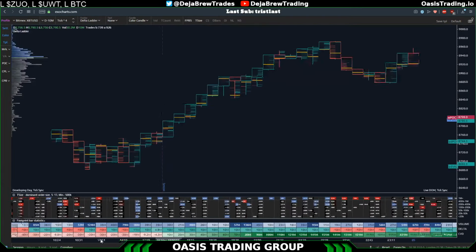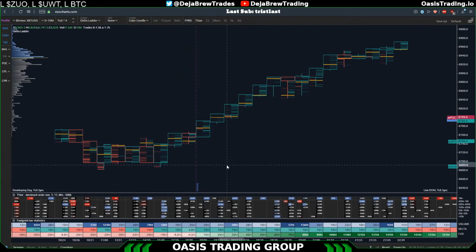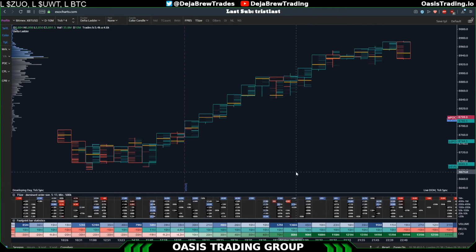Okay? So I'm going to move on here to another aspect of my chart, which is the CVD. So the CVD is the cumulative, I think it's volume delta or something. What it does is it takes all the delta that is happening on the chart and it gives you a cumulative number, right?